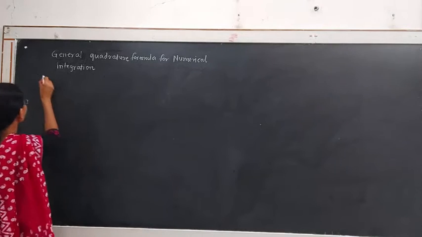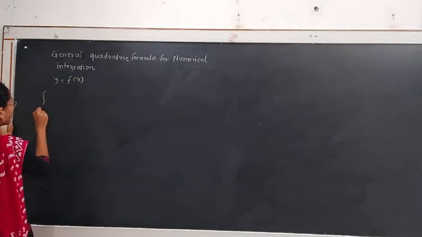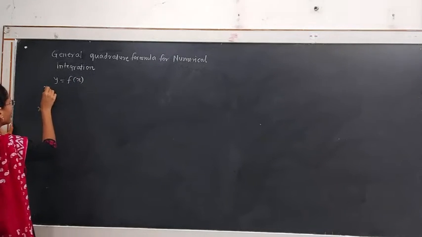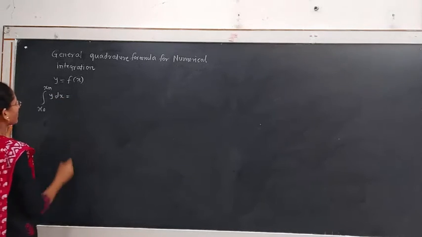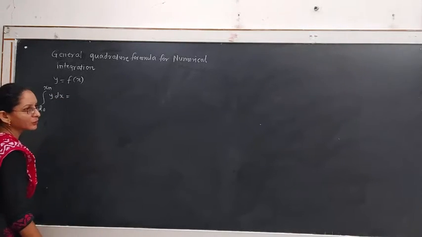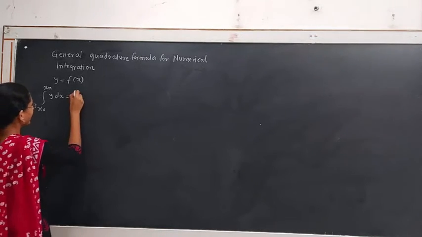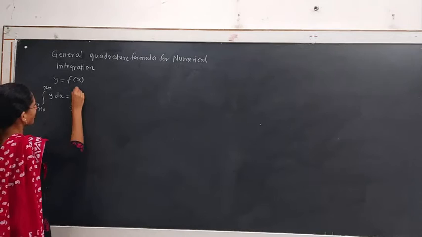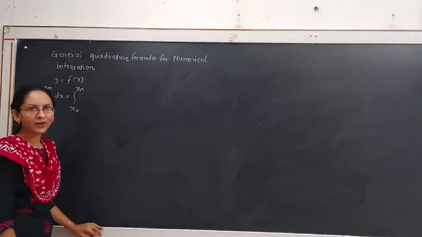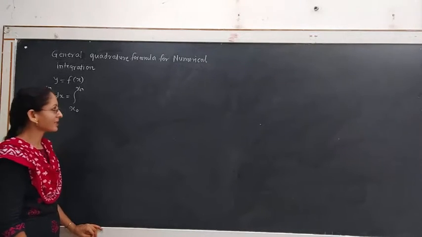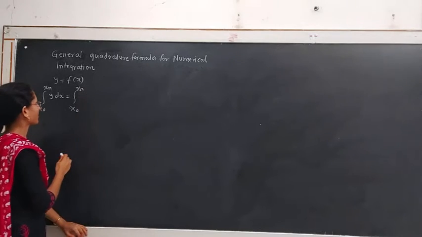If we are given a function y is equal to f of x, then we find the integration from x0 to xn of y dx. We will integrate this function within the range x0 to xn, because there are n plus 1 values of x starting from x0 to xn.